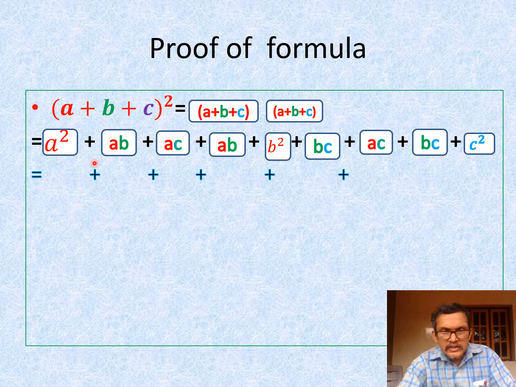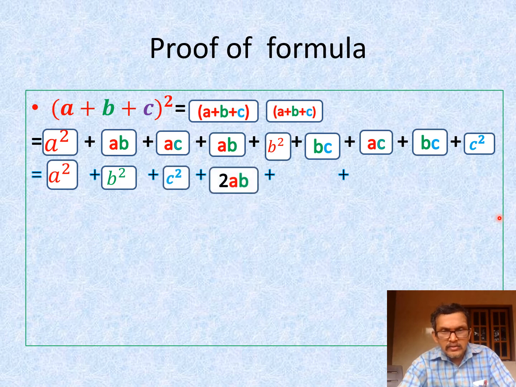Now rearrange: a squared plus b squared plus c squared. Here ab is there twice, so 2ab. ac is there twice, 2ac. bc is there twice, 2bc. So a squared plus b squared plus c squared plus 2ab plus 2bc plus 2ca. ca or ac, one and the same.